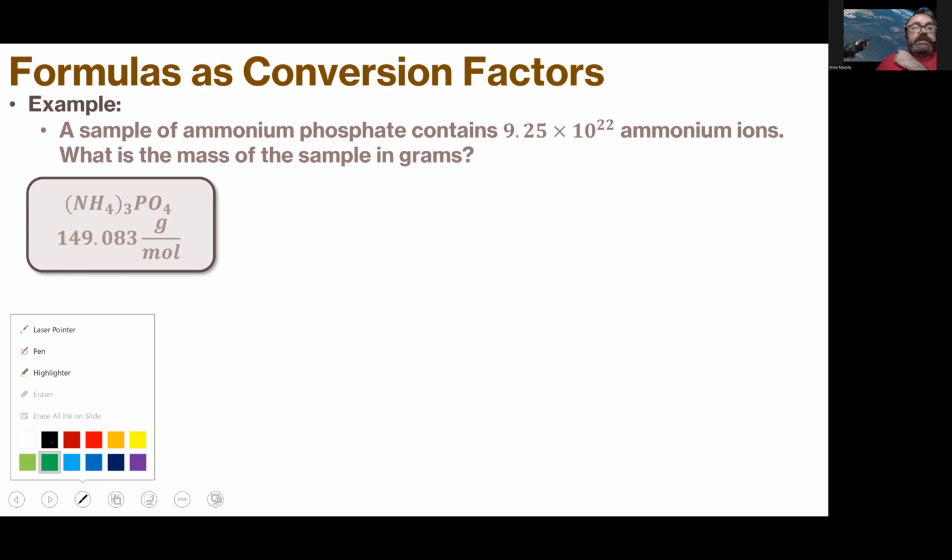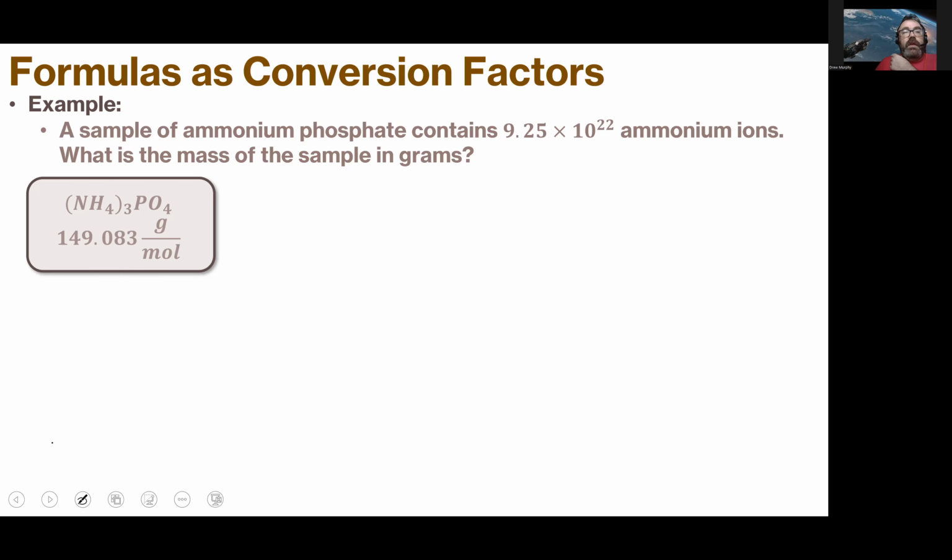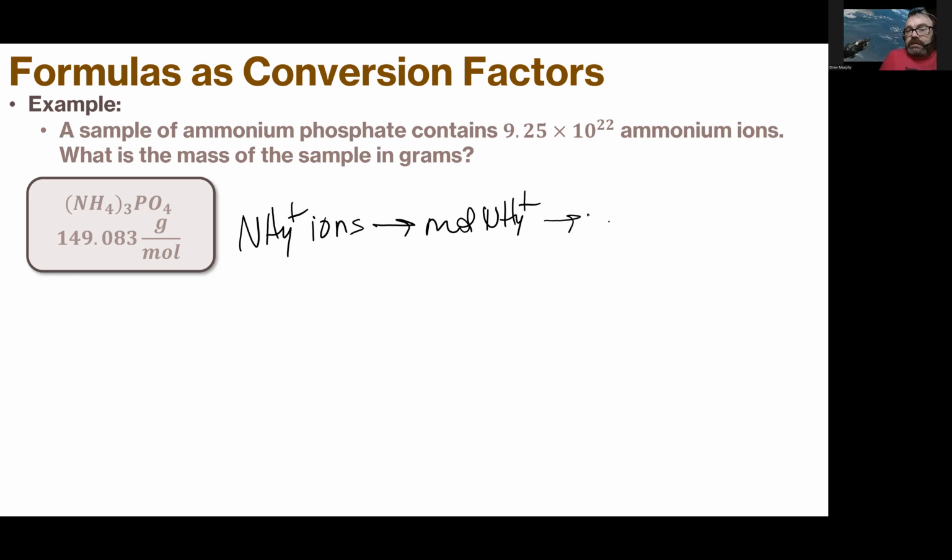Yeah, let's just dive right into this. Okay, this will be the last thing. Good. So I'm going to plan this out better. We need ammonium. Remember, ammonium is NH4 plus. We know how many ions we have. This is going to relate to moles of NH4, which we can then get to be moles of, I should have used a shorter formula, (NH4)3PO4.